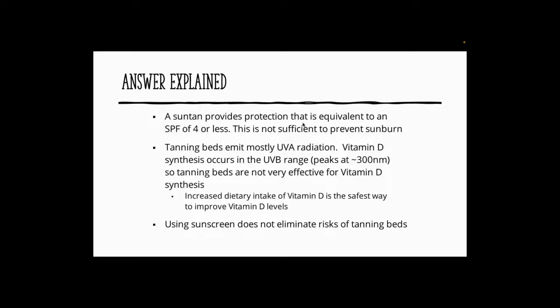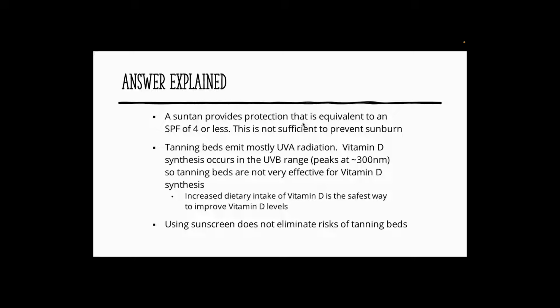So let's talk about some of these misconceptions. You may have heard of people going to a tanning bed to get a tan before going on a vacation, saying it's going to prevent them from getting a sunburn. So a suntan provides protection that is equivalent to an SPF 4. This is not sufficient to prevent sunburn.